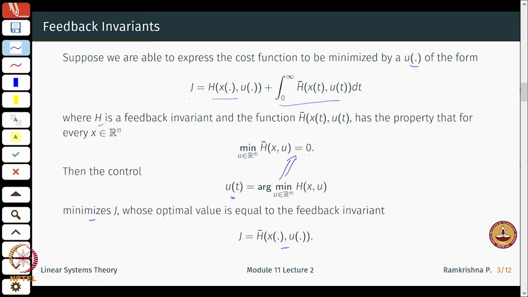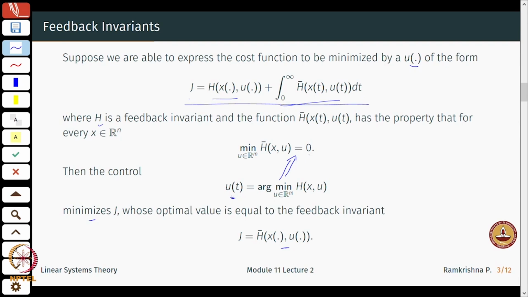Suppose I am able to express my cost function to be minimized in this form. The previously defined cost functions could easily be written in this form, and we will see shortly why that is true. The first term is a feedback invariant and the second term, this integral, is such that for every x belonging to R^n, the minimum is 0.